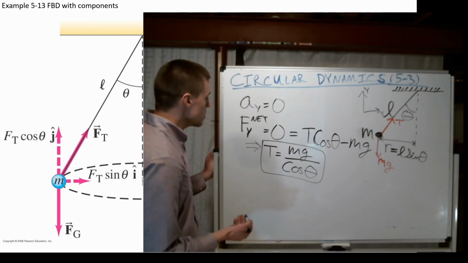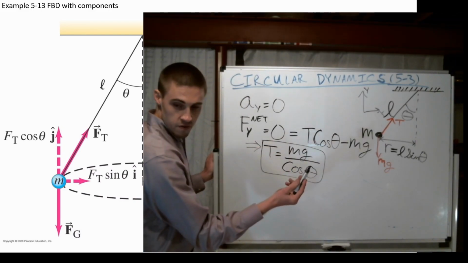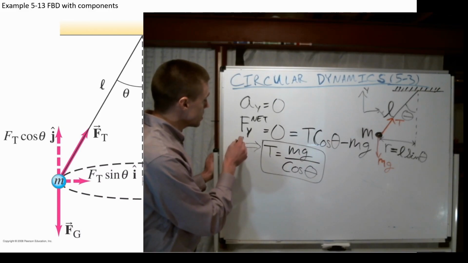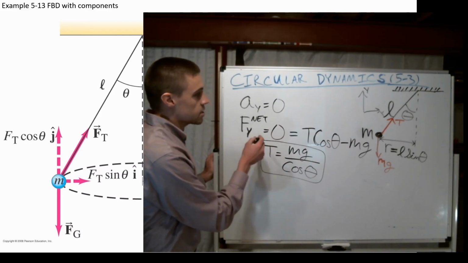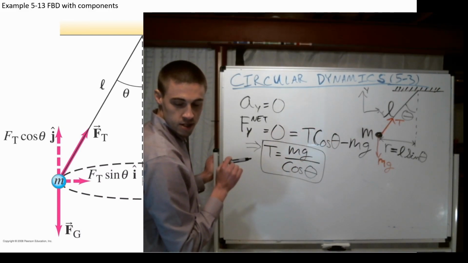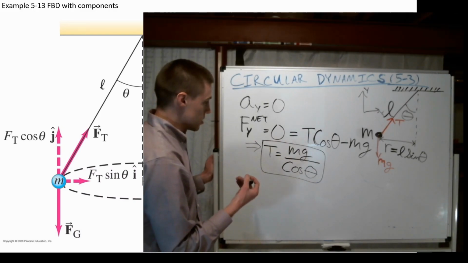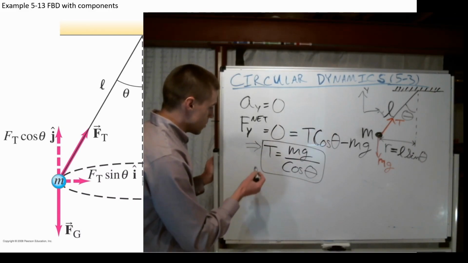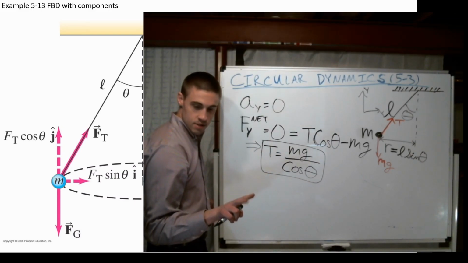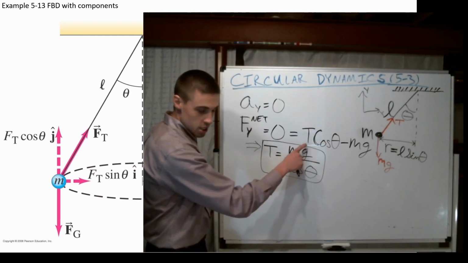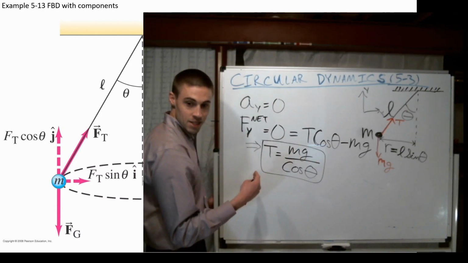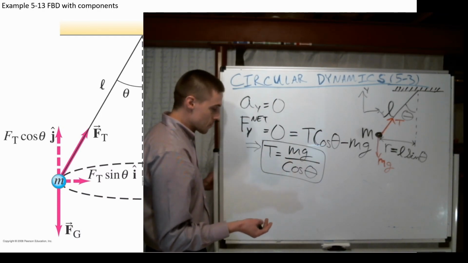And now I can solve the F-net equations in the radial component to get the radial acceleration, and from that I can get the period of the pendulum and things like that. So note here that there's going to be two T's. One stands in for tension. The other one that's coming later is going to be for the period.